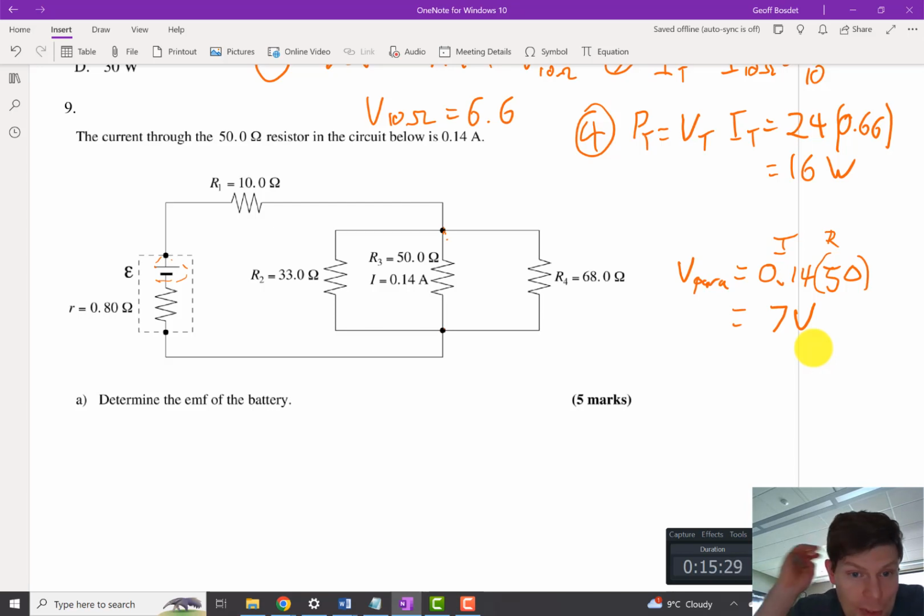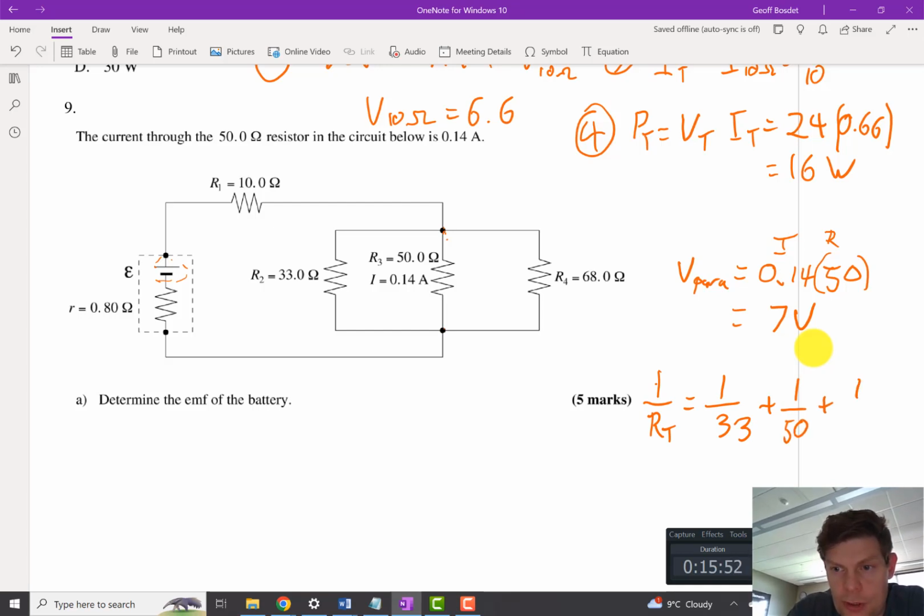Now, if I got 7 volts across there, I can figure out my total current if I find the resistance of this whole thing. So for the resistance of the whole thing, I can use this formula: 1 over RT equals 1 over 33 plus 1 over 50 plus 1 over 68.